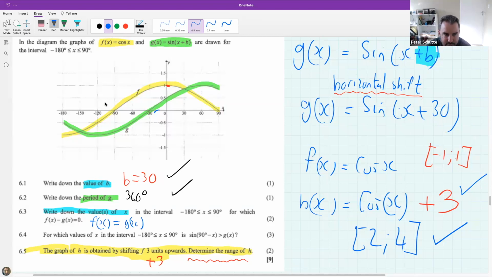So identify for me on the x-axis, where are the two places where the two graphs, the yellow and the green graph, are equal to each other?